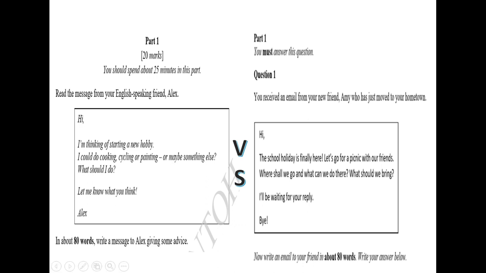On your left is your PT3 question, and on your right is of course your SPM question. Okay, so by looking at these two sets of questions, can you spot any differences between them?